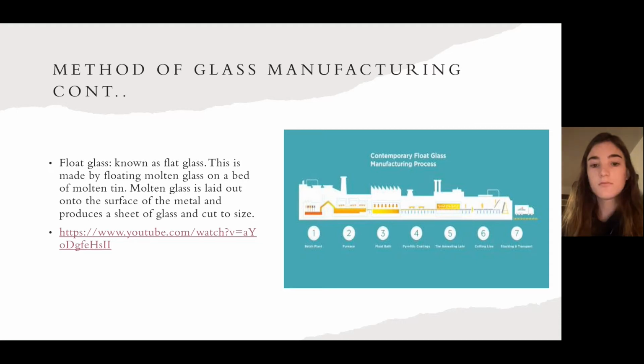And it spreads out to make an even layer that someone has to tidy up. The liquid glass cools and stiffens as it moves across the molten tin until it is stiff enough to roll into cooling ovens and then be cut by diamond blades that slide across the surface. The glass is inspected for tiny defects and bubbles by a unique automated scanning process that rejects anything not meeting specification.